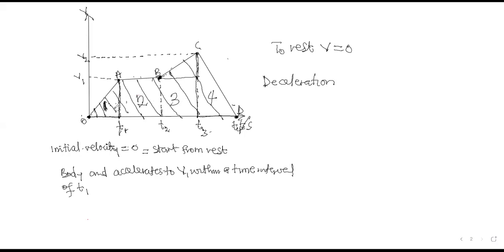If the area is a triangle, area of a triangle will give you the distance traveled. If the area is a rectangle, area of a rectangle would give you the total distance. If it is not a definite shape, then divide it into parts using the shapes, and after doing so, sum up all the areas obtained. The total area under the curve is equal to the total distance traveled by the body.